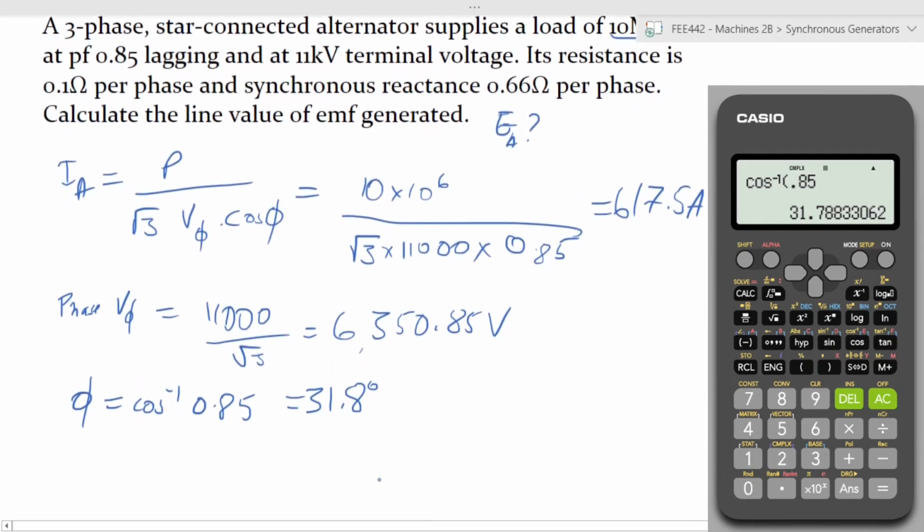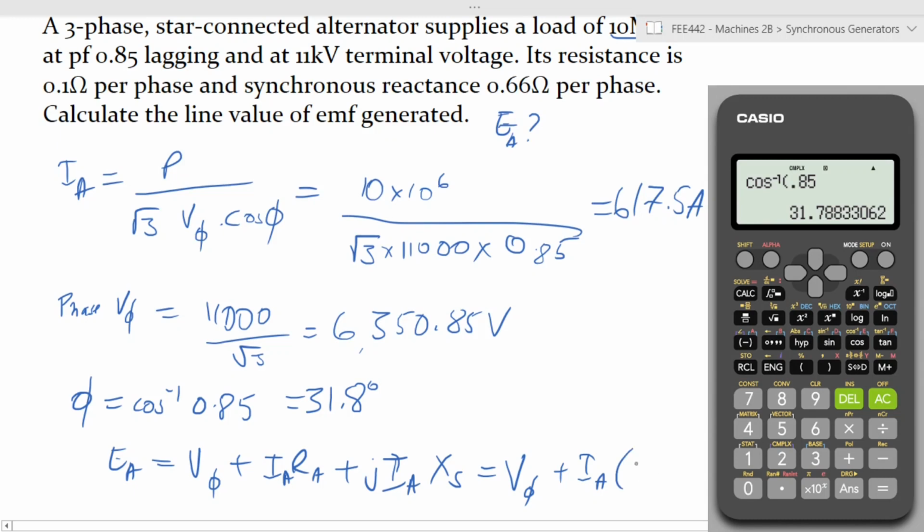We want EA. So EA is given by V phi plus IA RA plus J IA XS. We can combine these two so that we have V phi plus IA into RA plus JXS.